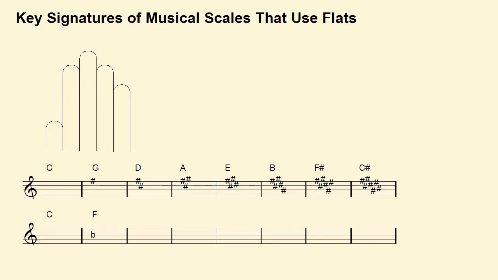The new scale will then be the B flat major scale, whose note corresponding to the fourth degree is E flat, so we will place a flat on the fourth space of the staff, corresponding to the note E flat.